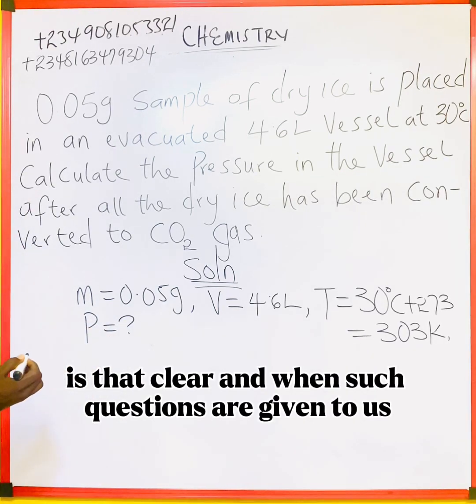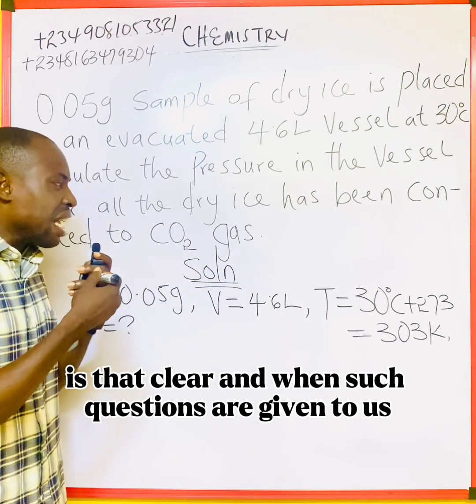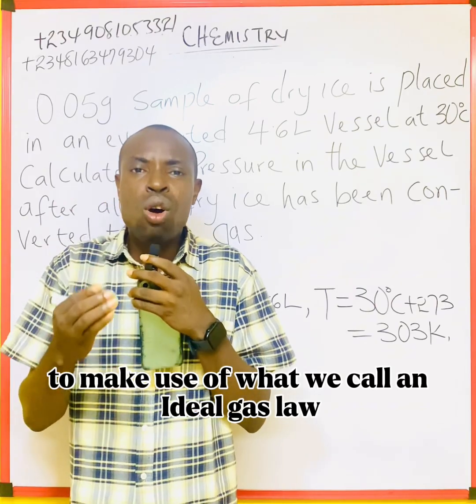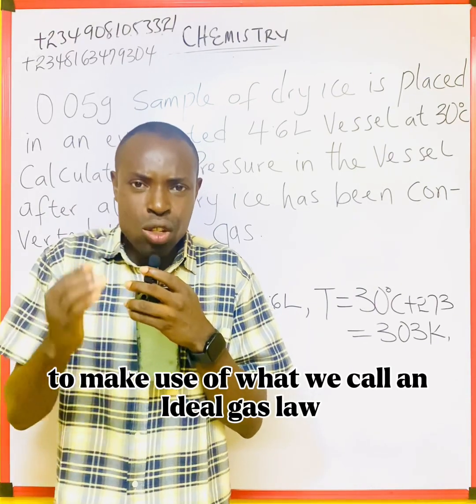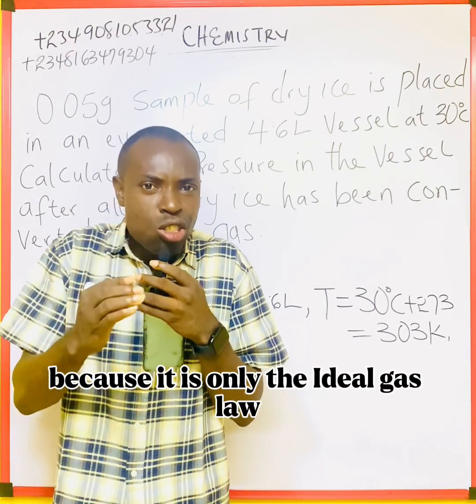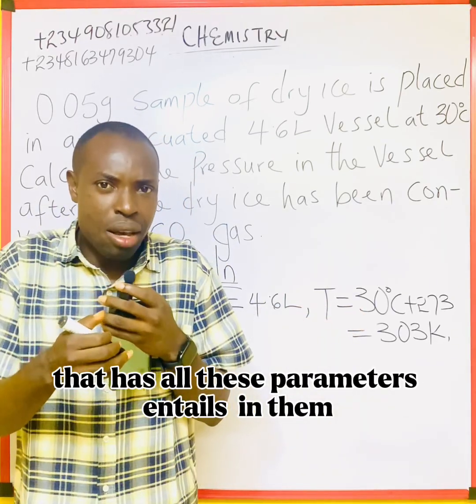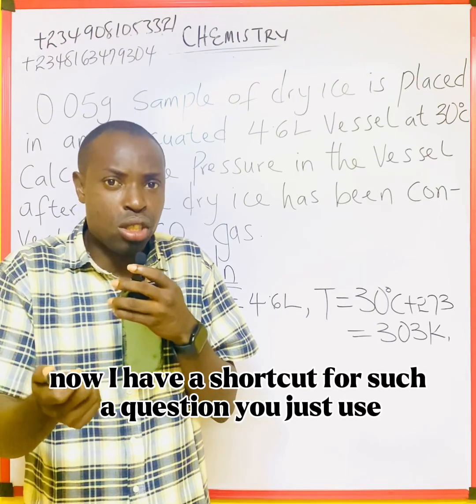Is that clear? And when such questions are given to us, we are expected to make use of what we call the ideal gas law, because it is only the ideal gas law that has all these parameters entailed in it. Now, I have a shortcut for such a question.